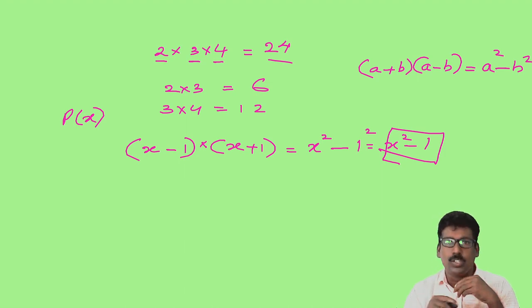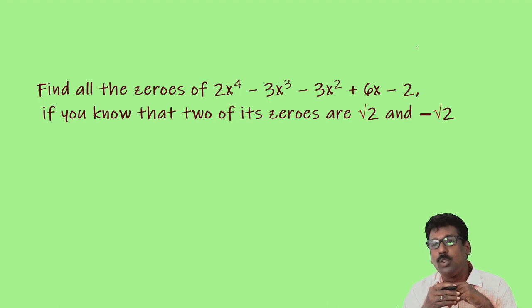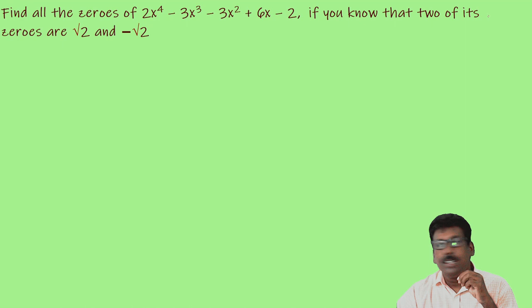Now let us look at the question. Here is your question. Find all the zeros of 2x raised to 4 minus 3x cube minus 3x square plus 6x minus 2 if you know that two of its zeros are root 2 and negative root 2. Here the zeros are root 2 and negative root 2.